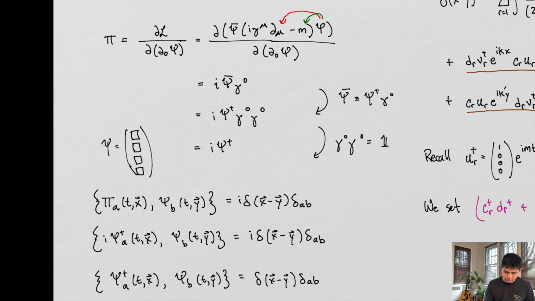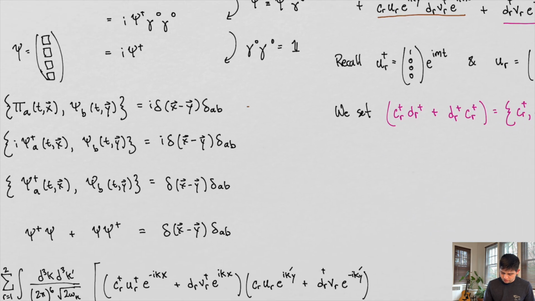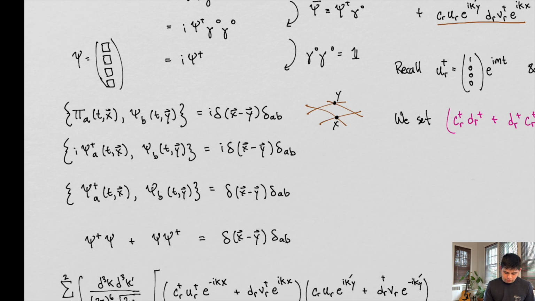So a way of picturing that, again, is you have our field, and here is x, and here is y. So this relationship is going to go to 0 if we're evaluating at 2 points.